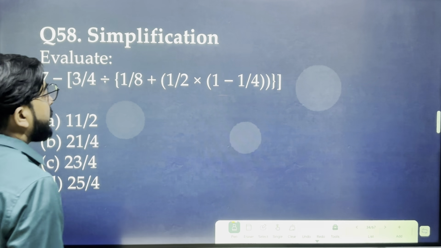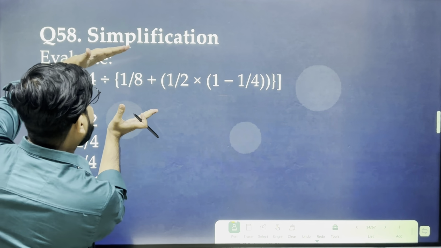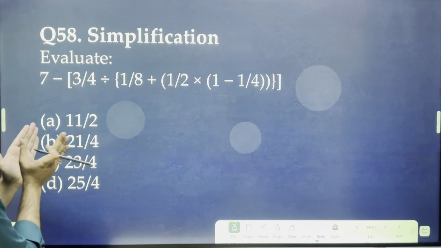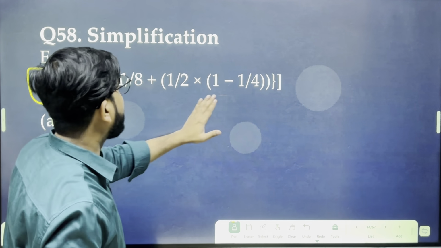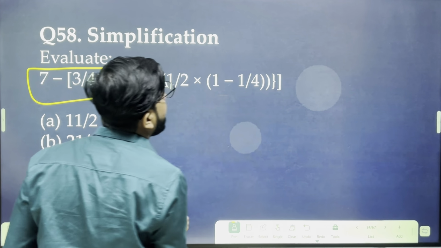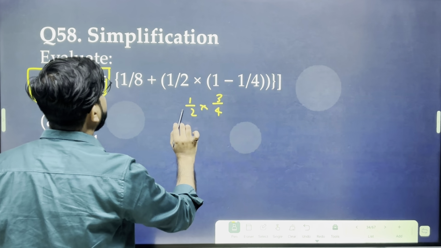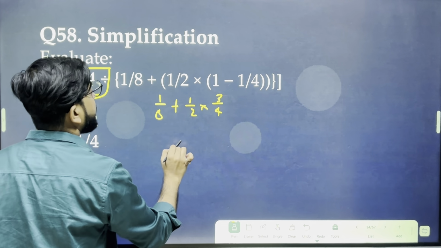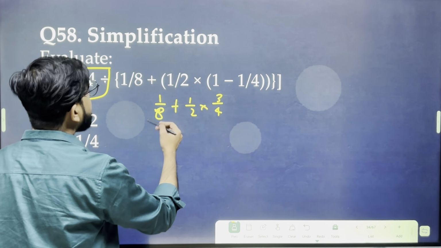It's a good question. How are you going to solve this? 7 minus this divided by this into, it means we don't have to solve this first. Let's move here. So 1 minus 1 by 4, that is 3 by 4. 1 by 2 into 3 by 4. Fine. And this is 1 by 8. So that becomes 3 by 8 and 1 by 8. 4 by 8 means 1 by 2.